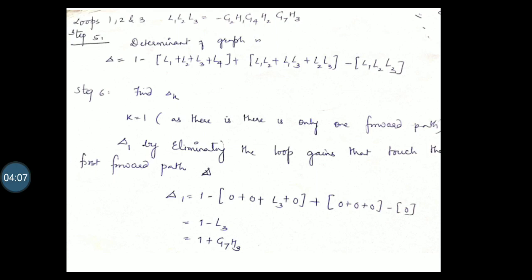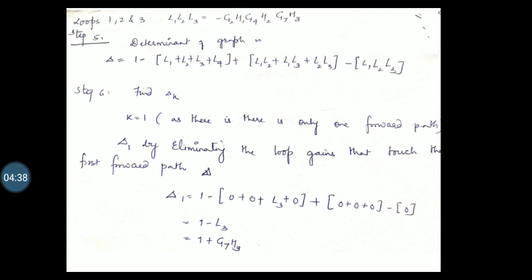Next, step 5 is to find the determinant of the graph. Delta is 1 minus (L1 plus L2 plus L3 plus L4) plus (L1 L2 plus L1 L3 plus L2 L3) minus L1 L2 L3. Next step is to find delta K. As K is equal to 1, there is only one forward path.